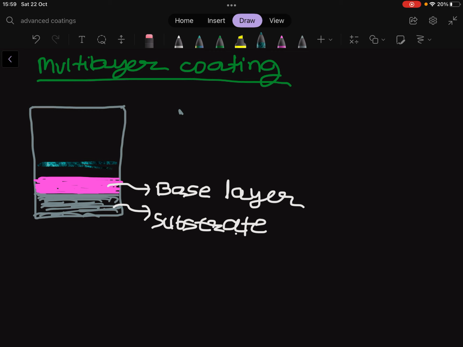Suppose this is the layer of one element. Above that we are going to have the layer of another element. Again we have the same repetition.